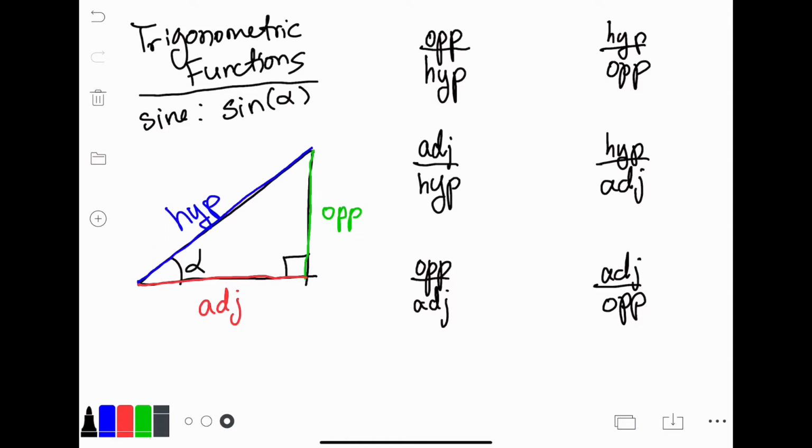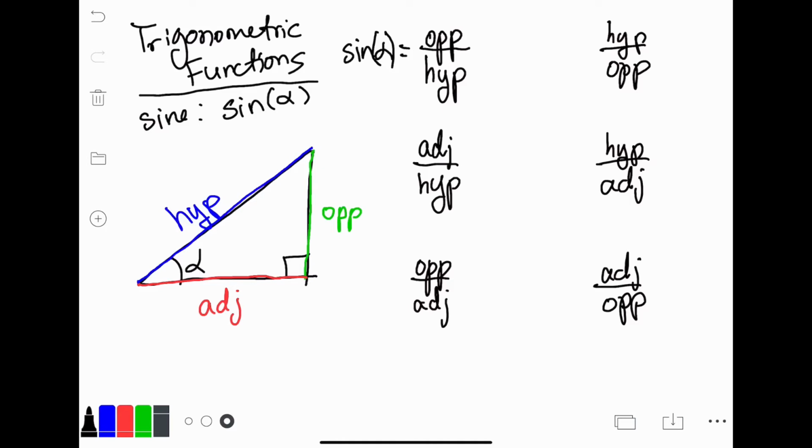So the solution to this trigonometric function is the ratio of the opposite to the hypotenuse. So you don't have to put parentheses. Sometimes it is important to put them. Other times it's not that important. But this here is a trig function called sine, where the input is alpha and the output is the ratio of the opposite side to the hypotenuse of that right triangle.